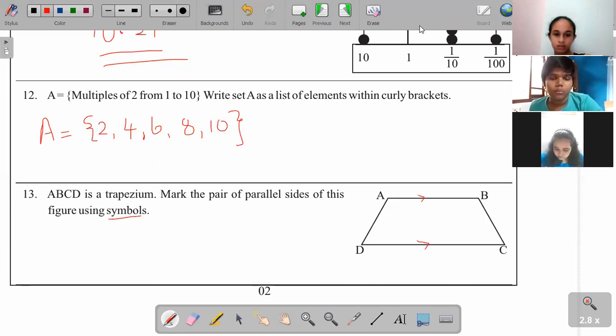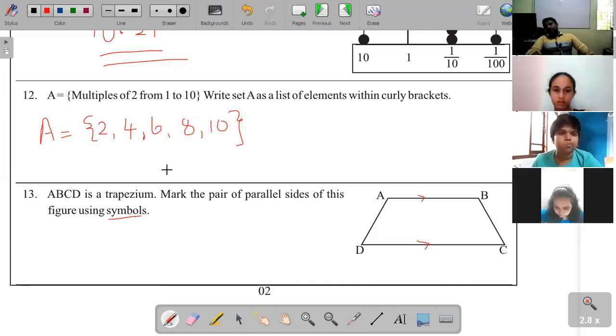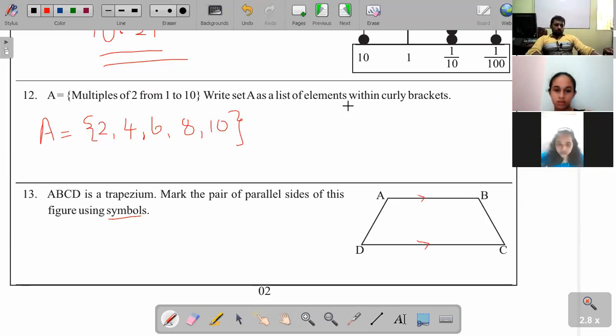Right. Then I am going to number 14. Question number 14.